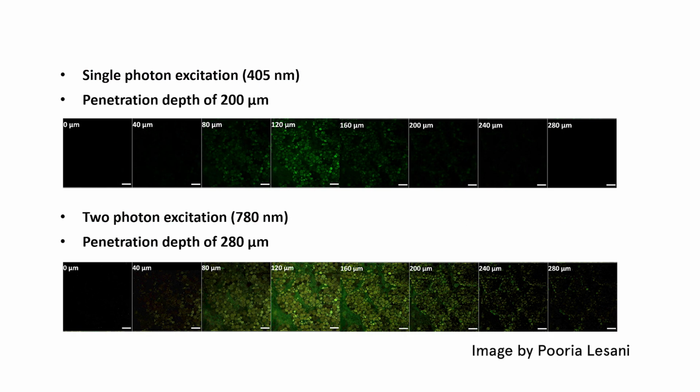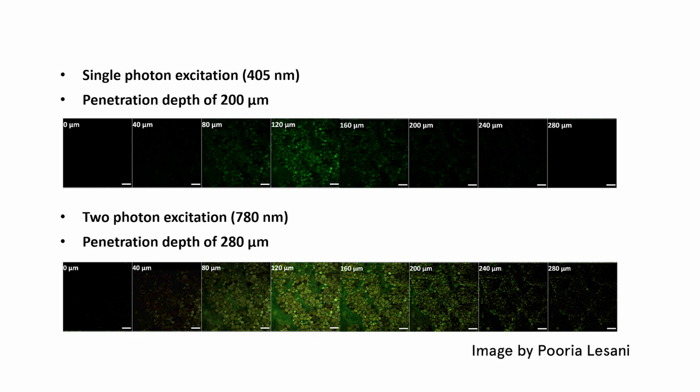I have some examples here to make it more clear and show the differences between single photon and 2 photon excitation. Here the carbon quantum dots have been incubated with skin tissue for imaging purposes. The fluorescence images of the tissue excited by single photon show weak fluorescence signals with a maximum penetration depth of 200 micrometer. The use of visible light excitation causes strong scattering, which limits the penetration depth in the tissue.